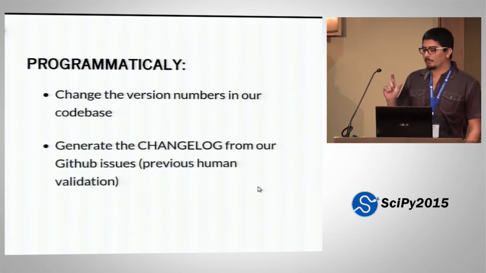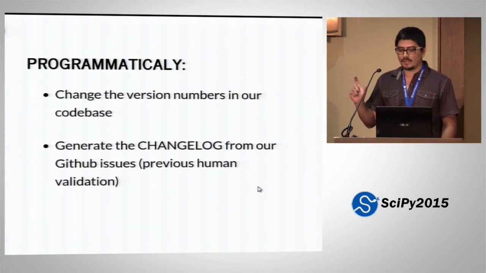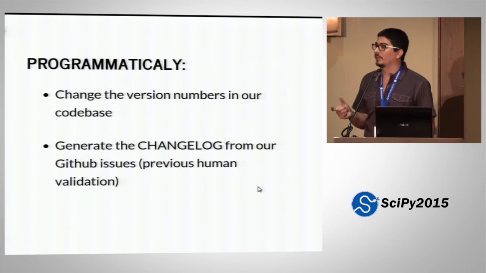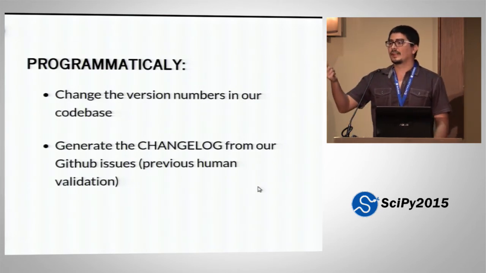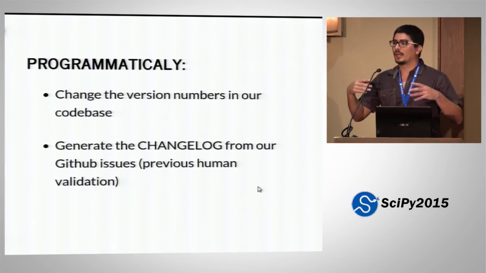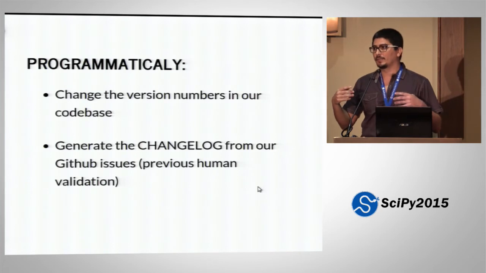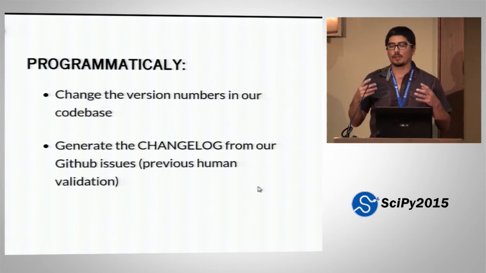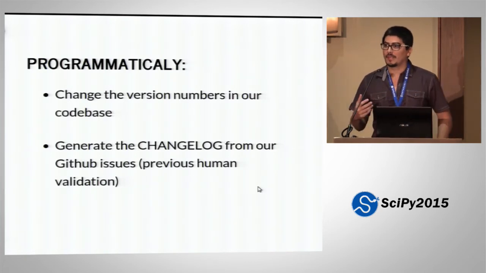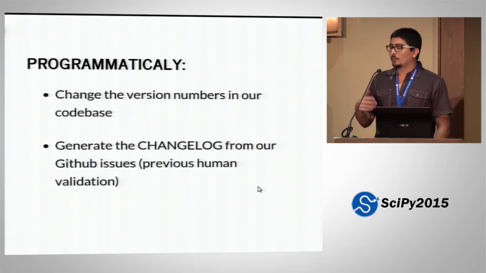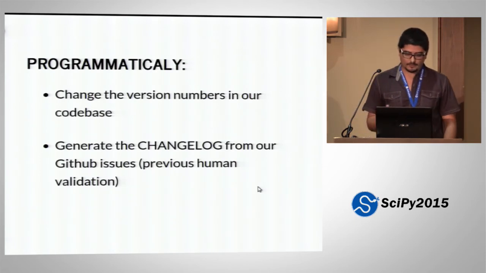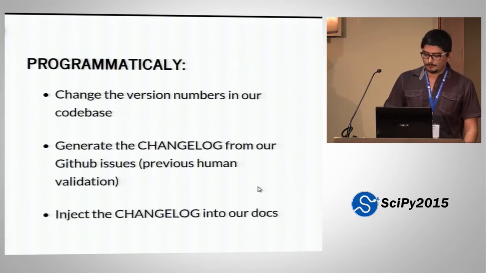We generated a changelog from our GitHub issues using a Python script, which is able to understand how we manage the issues and PRs in Bokeh itself. We have a common protocol to manage issues and PRs. But you can also do a previous human validation to see that everything is OK.